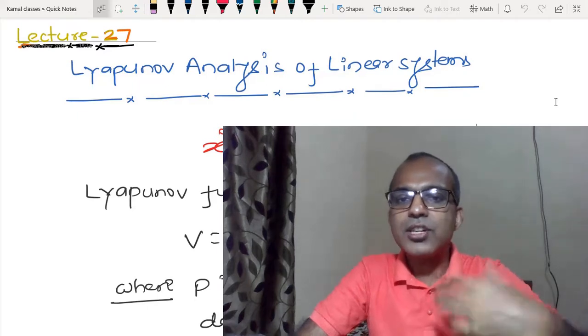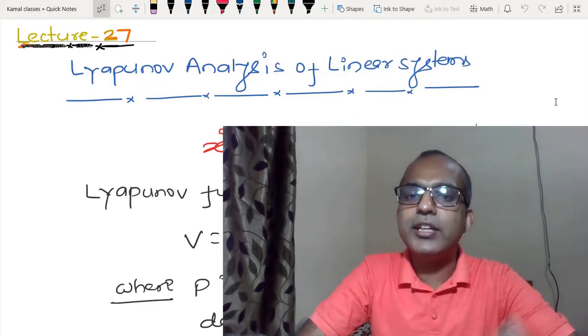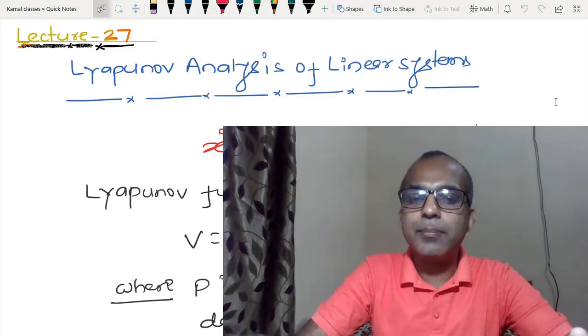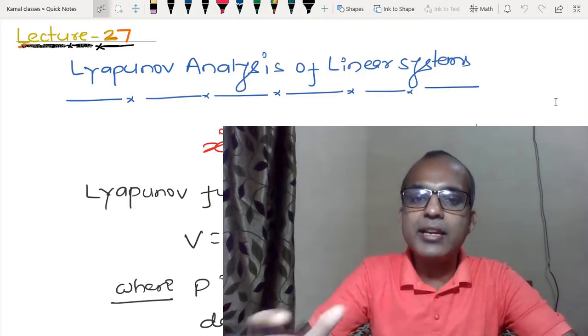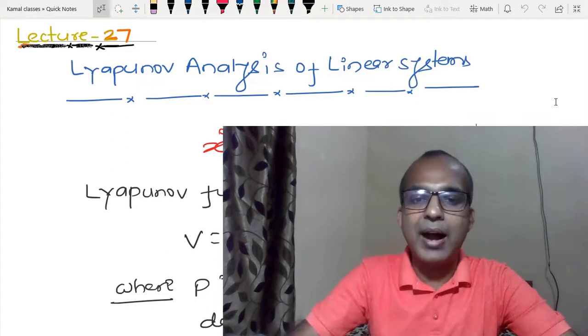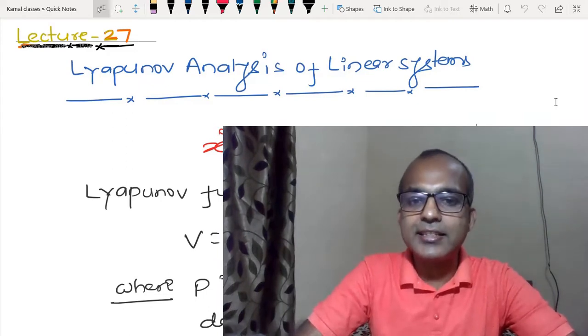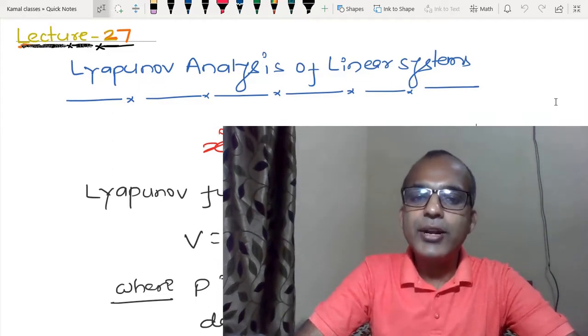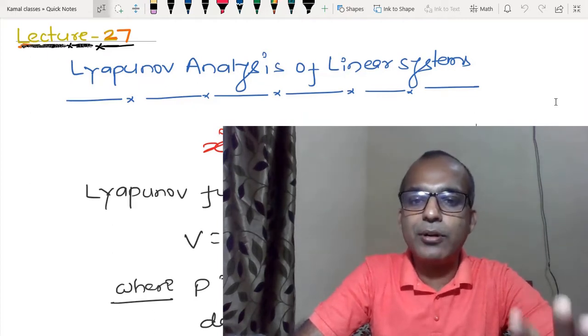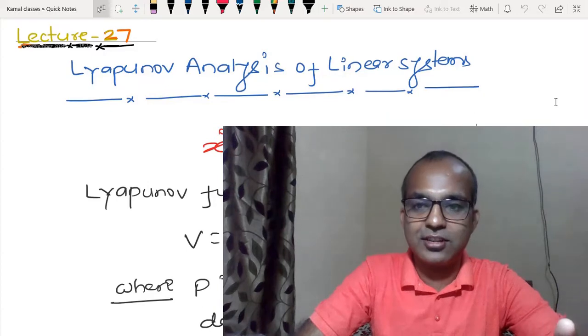Construction of a Lyapunov function for linear systems will give another insight. If I have a nonlinear system and am able to extract some part that is the same as a linear system, then at least for that part I have a definite Lyapunov function construction.